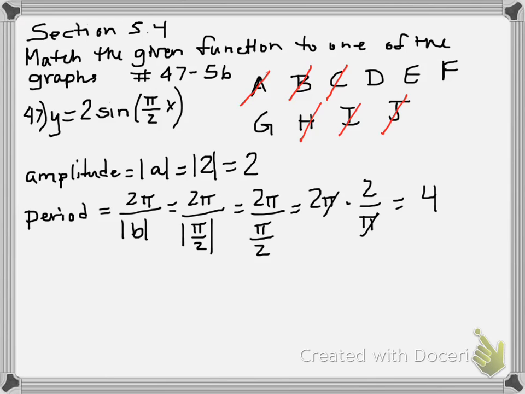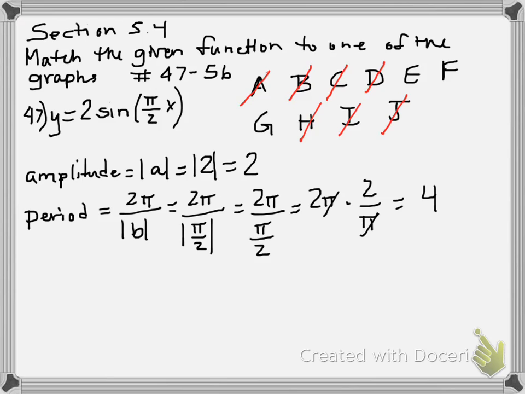The next one I see is D. D is a sine function, but it has been reflected about the x-axis. It's upside down. I don't have a reflection, so it can't be D. So I can eliminate that one. The next one is E. E is not even a sine function. It's a cosine function because it starts up.